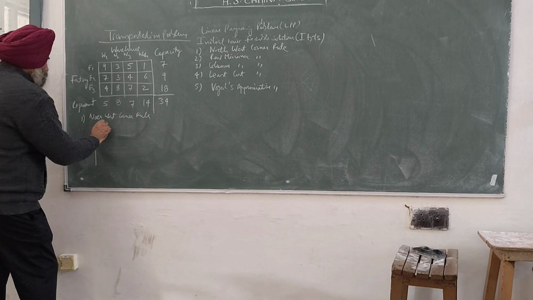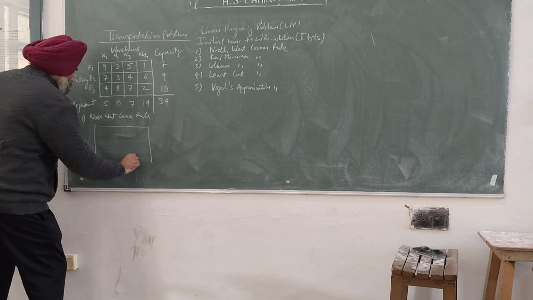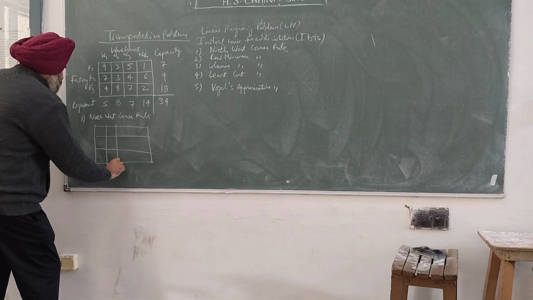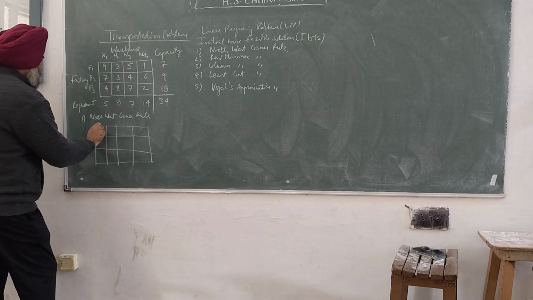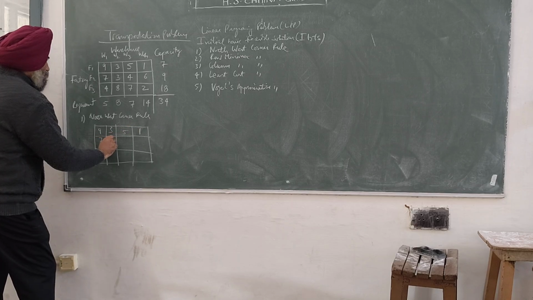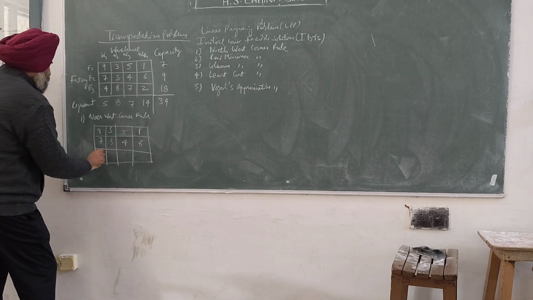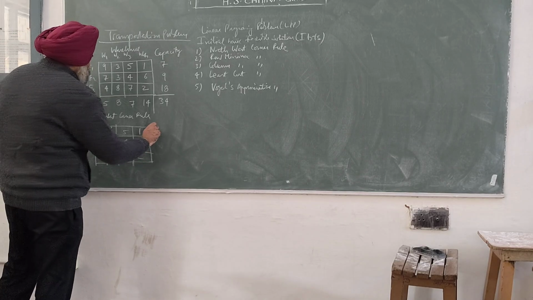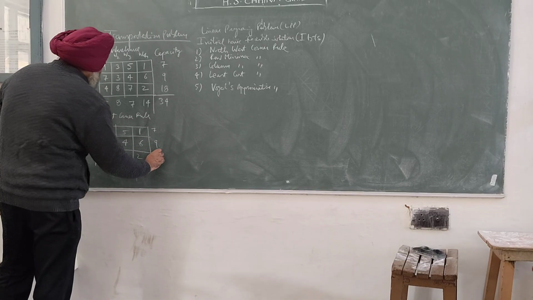Here, I am taking the same 3 by 4 matrix: 9, 3, 5, 1, 7, 3, 4, 6, 4, 8, 7, 2, with supplies 7, 9, 8.